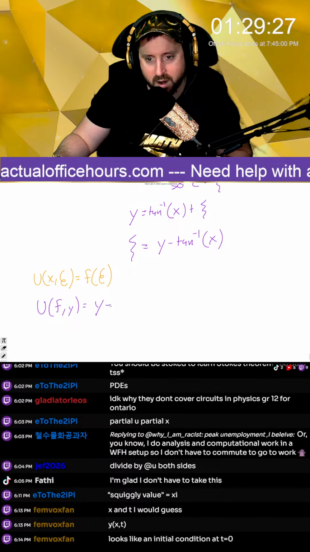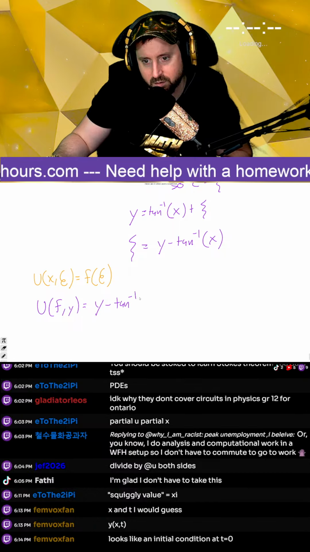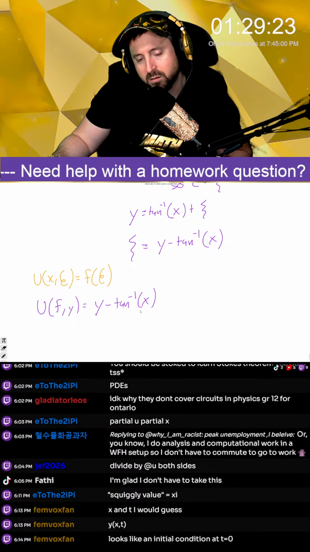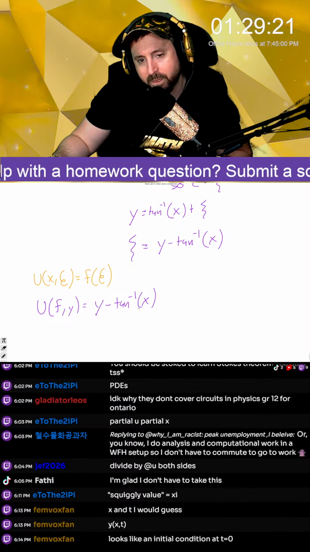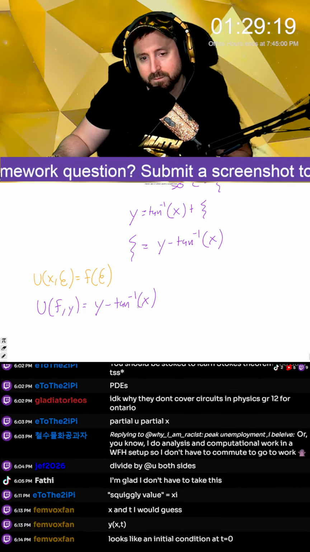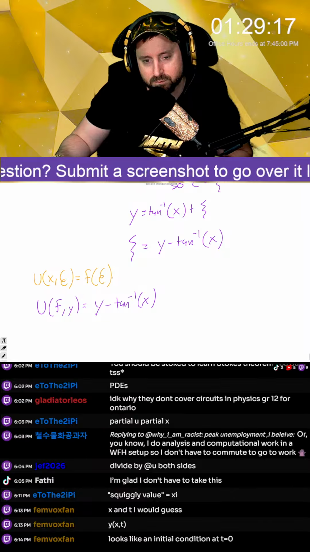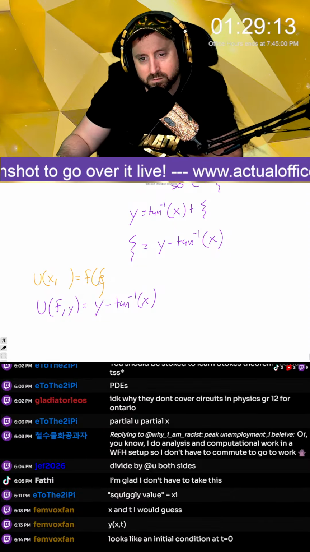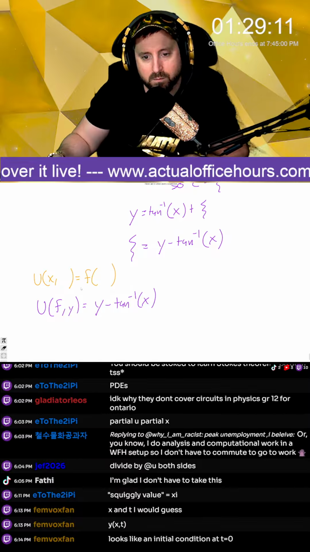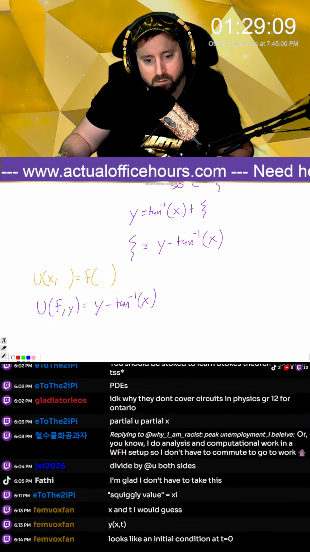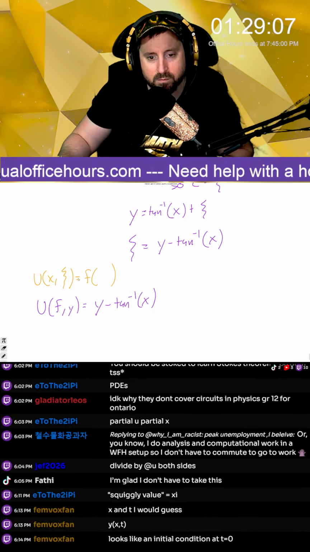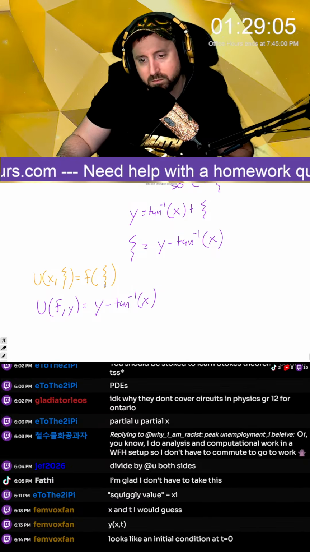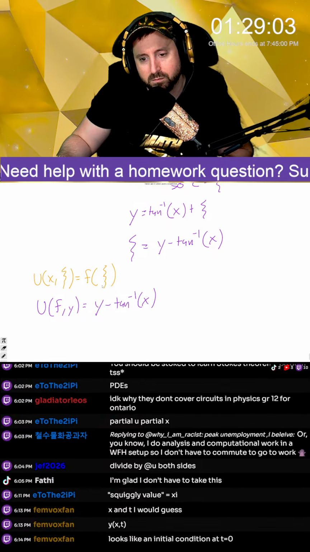Because we said that our u of squiggle is f of squiggle, and we figured out squiggle is y minus arctangent of x, we can just plug that in to get our f of y minus arctangent of x.